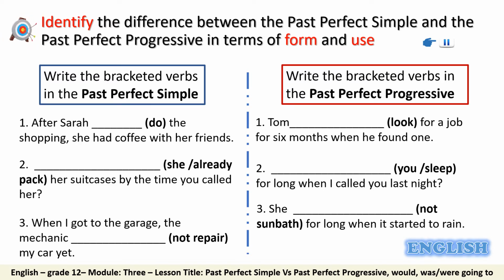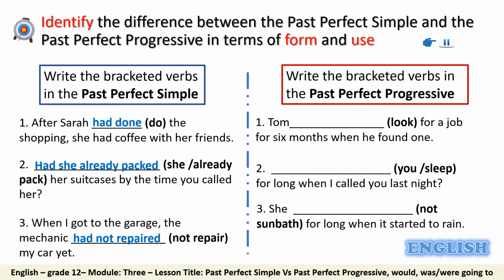For sentence number 1, you've written excellent, had done. The next sentence is a question, so you should write exactly, had she already packed? As for the last sentence, the correct answer is very good, had not repaired or hadn't repaired.